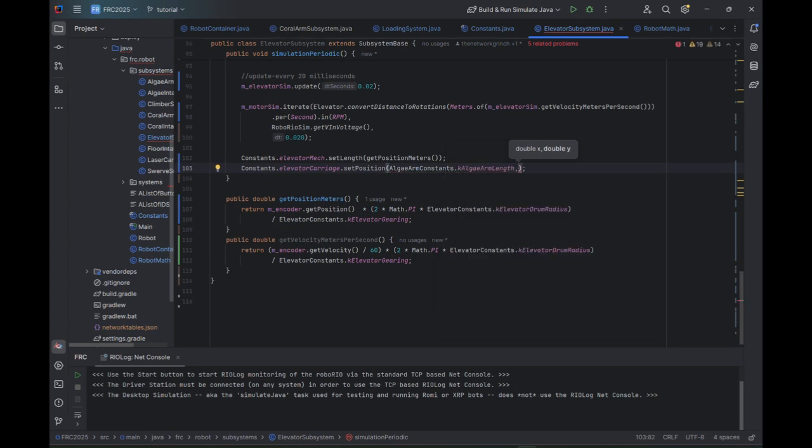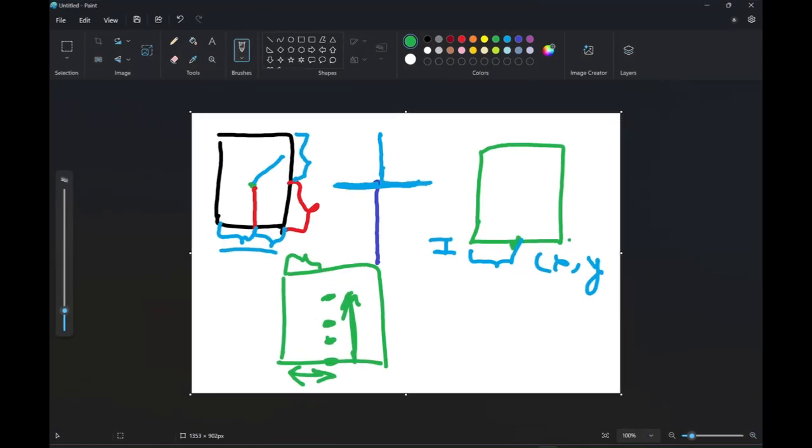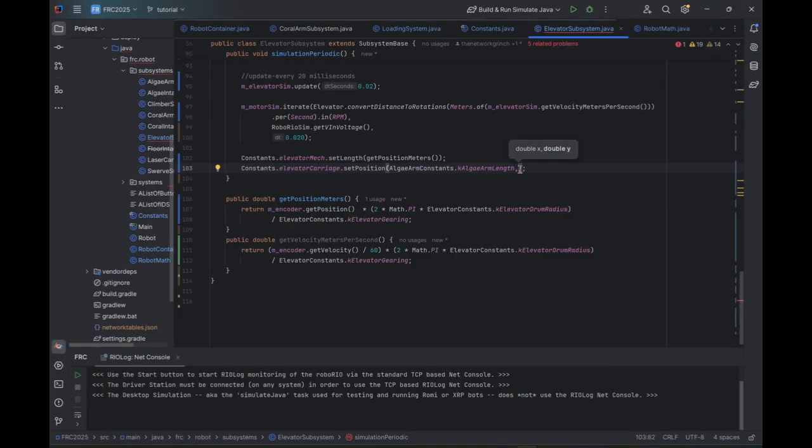And our y, we can get it. It's actually the same as the elevator. If the elevator goes this high, the pivot will just follow. So we'll just put the same methods here. Yep. And that's for our mechanism 2D.